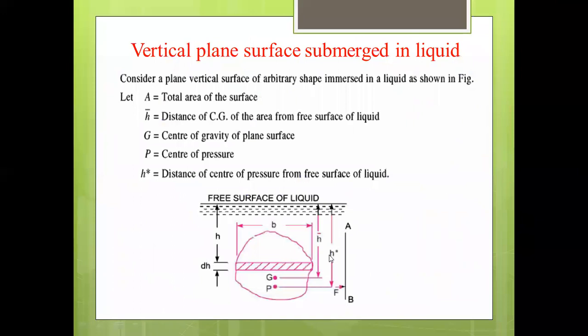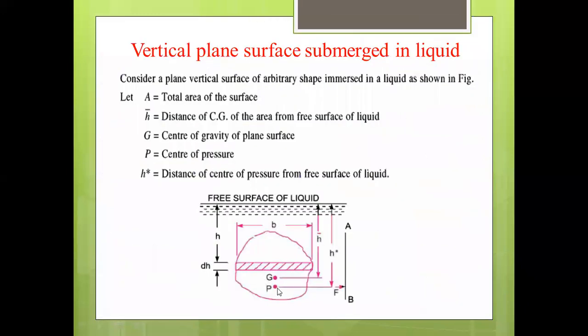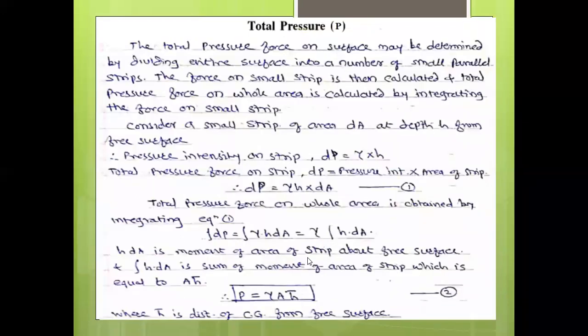Here we can see this is the point at which the total pressure force is acting, and it is at a distance h star. Hence, the moment of force P about the free surface of the liquid, capital M, is equal to P into h star. Capital P is the resultant force, and its moment will be capital P into h star.